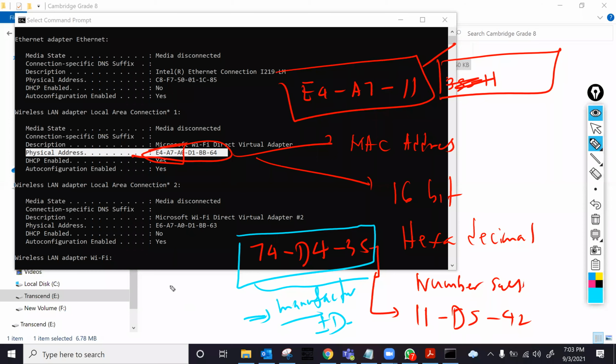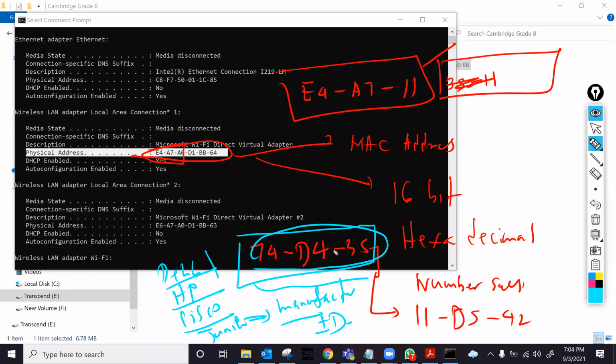Dell, HP, Asus, Cisco, Juniper. Those are the manufacturer IDs. That means from this number, you can identify which manufacturer this card belongs to.